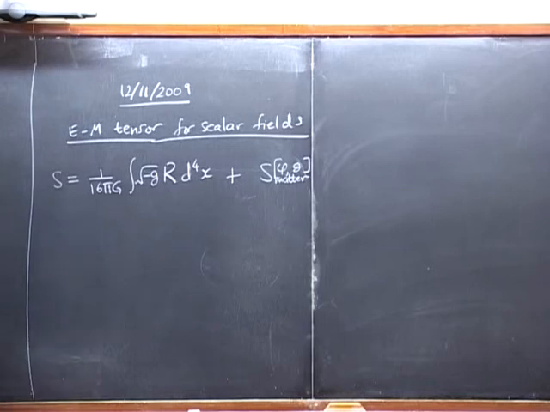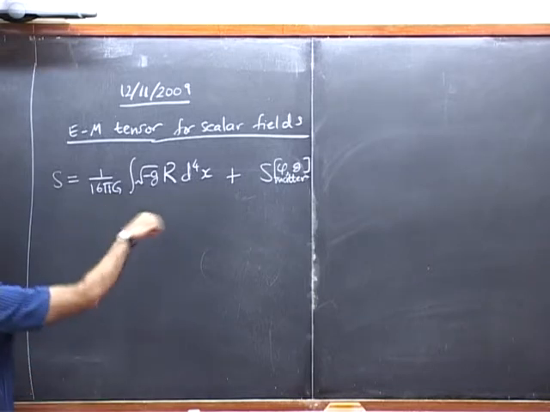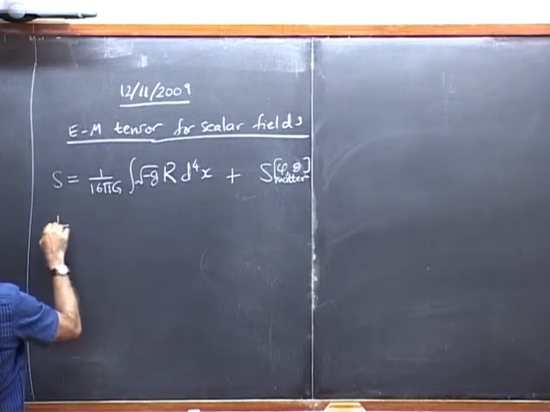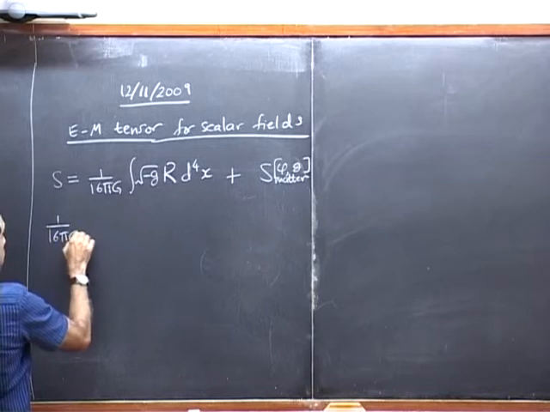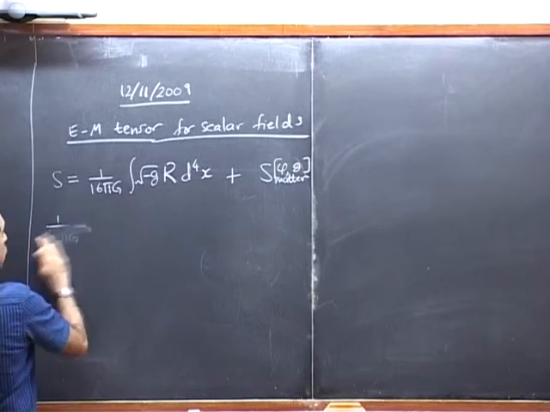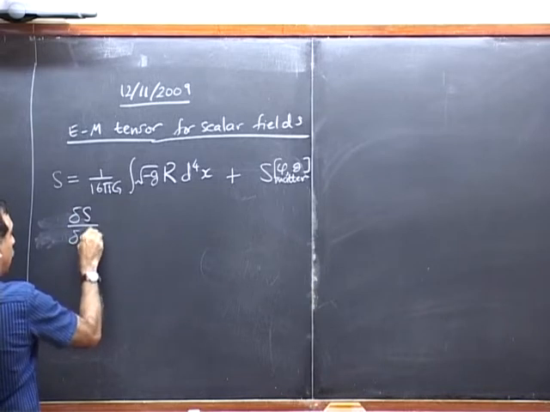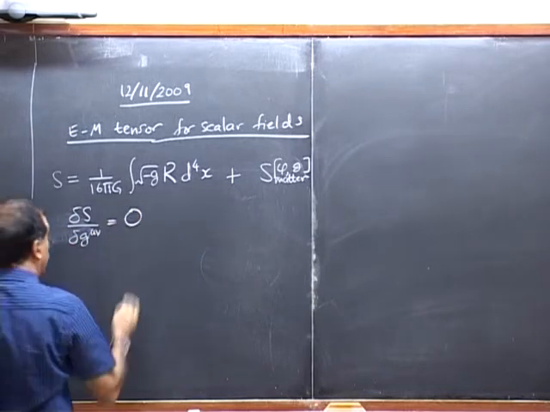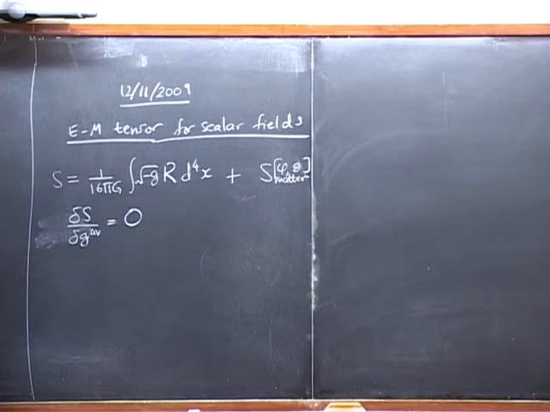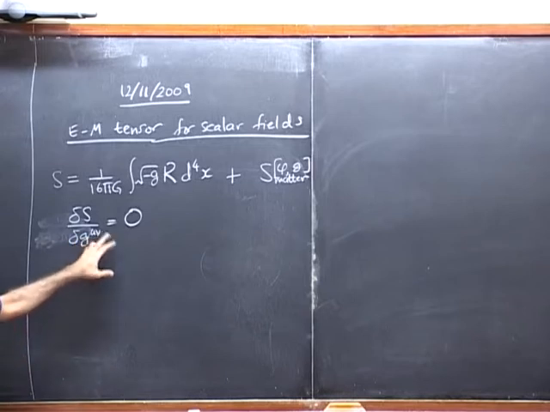Good. Now what will be the equation of motion of this total action? It will be 1 over 16 pi G. Okay, so the equation of motion is delta S total by delta g upper mu nu equals 0. Or we could take g lower mu nu, but term by term there may be some signs, so you have to decide one of them, and we just decide to take it with g upper mu nu.